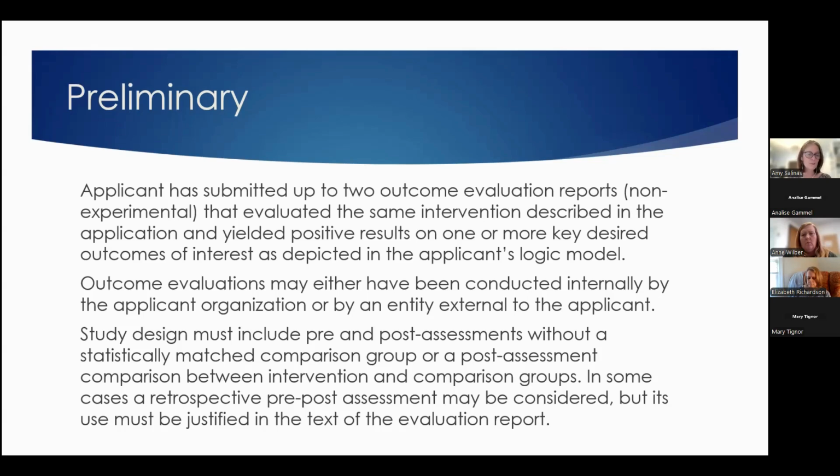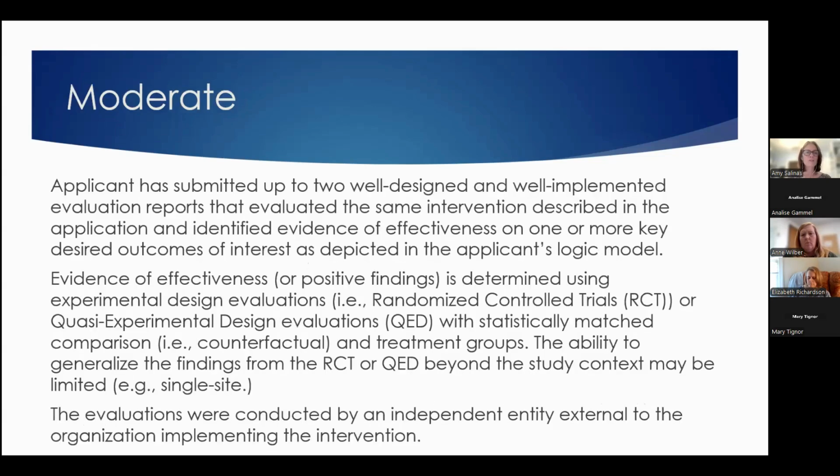The other levels of moderate or strong means you've done a high level evaluation, what we call an impact evaluation. It means you have done that comparison. You've looked at what's happened to a group of people that are getting the intervention versus a group of people that are not. The evaluation language is randomized control trial and quasi-experimental design.